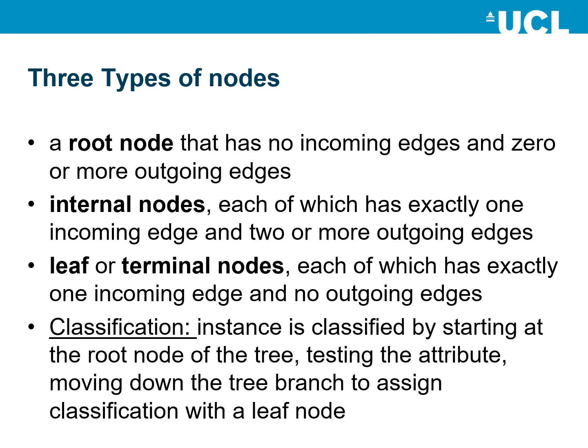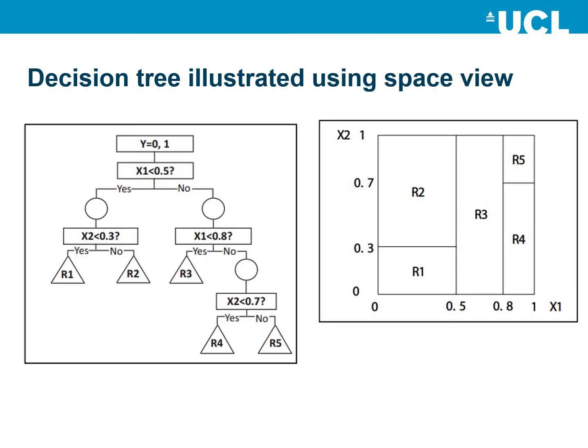How is the classification performed? An instance is classified by starting at the root node of the tree, testing the attribute, moving down the tree branch to assign classification with a leaf node. In this particular slide, you can see a decision tree illustrated using a space view. On the left-hand side, you can see a first test. For example, consider you have 2 features, x1 and x2, and you have 2 class labels, 0 and 1.